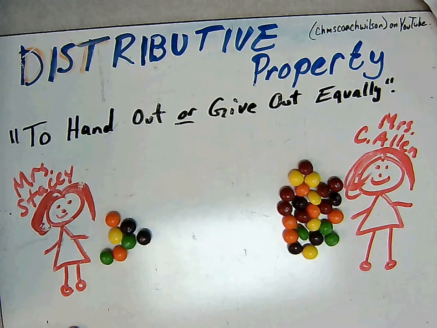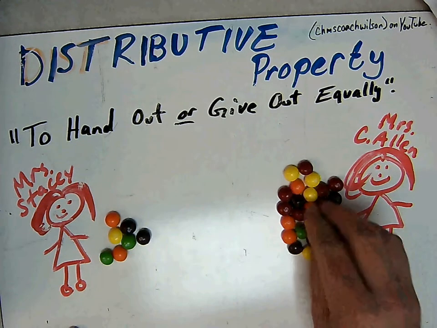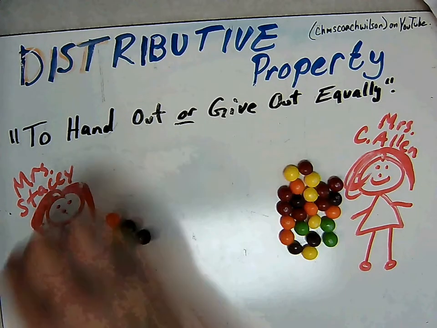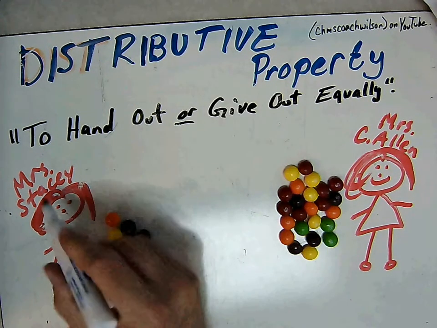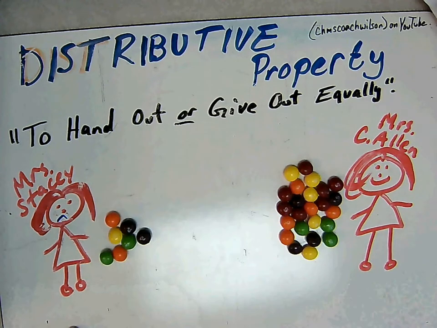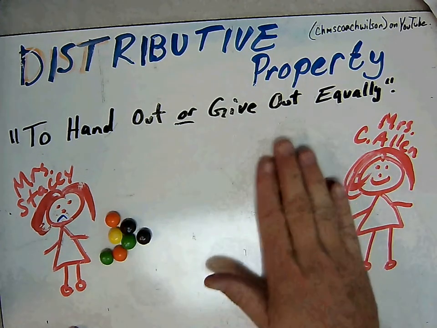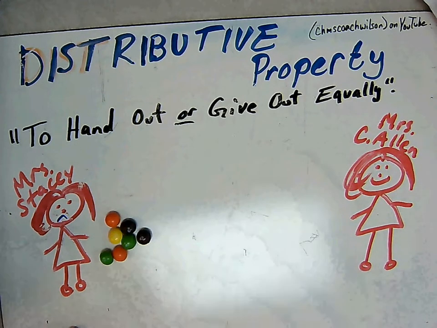That is Miss C. Allen is happy with me, but Miss Stacy is not, because I did not use the distributive property correctly. So in order to fix that, we've got to use it correctly, which means to give out equally.